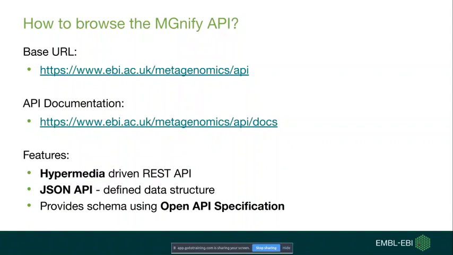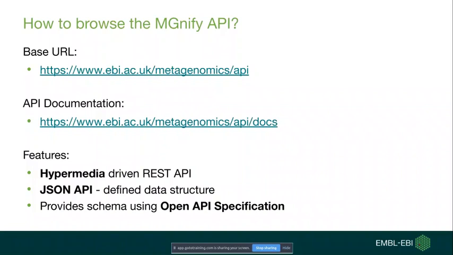That is really useful. Some of the things that I consider to be the strengths of our API are that we are a hypermedia-driven API. That means that we try to provide auto-generated links to each and every one of the entities that we have.